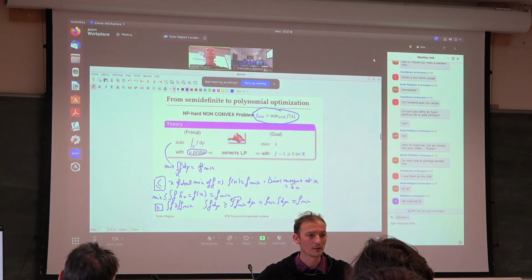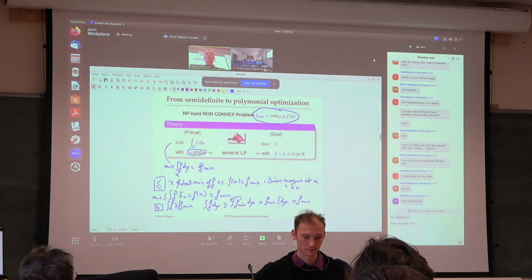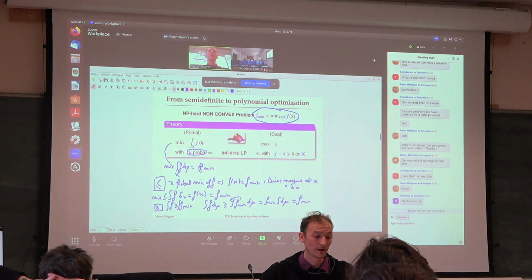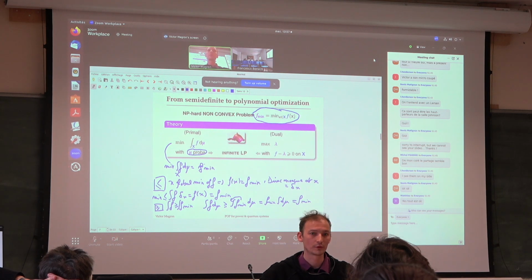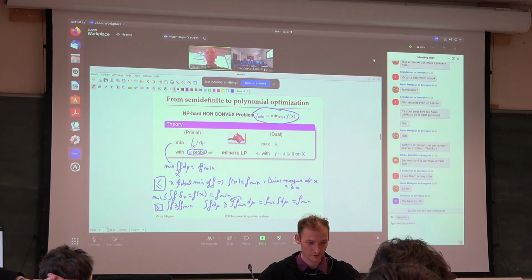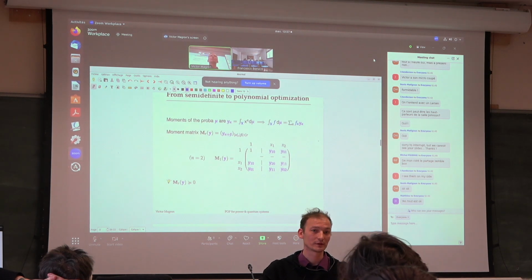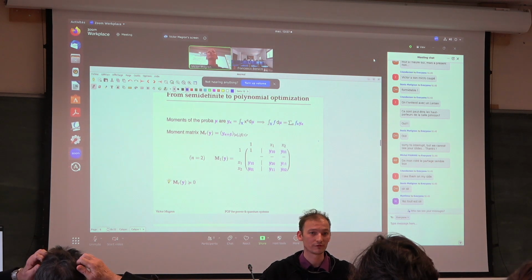So the dual problem is a problem over non-negative functions. And so you have a pair of primal dual optimization problems. Okay? Who never heard about duality in optimization? Okay, perfect.